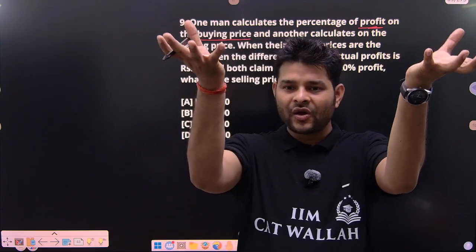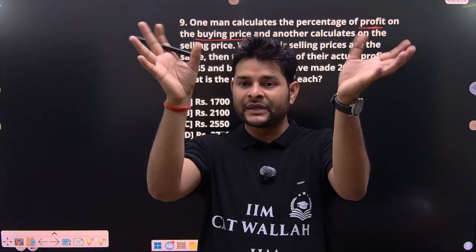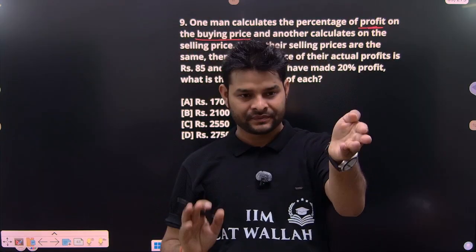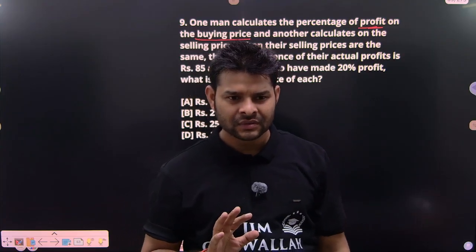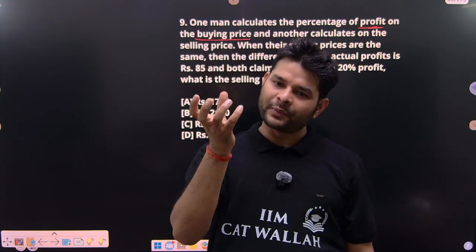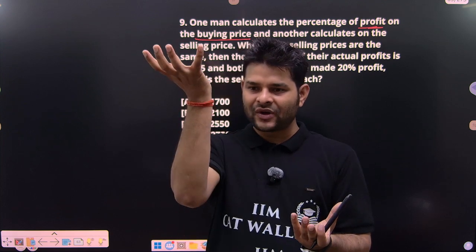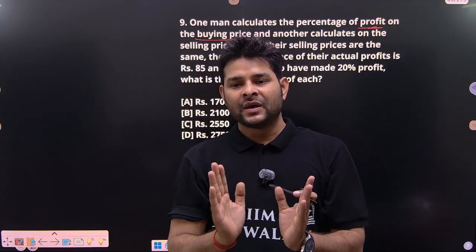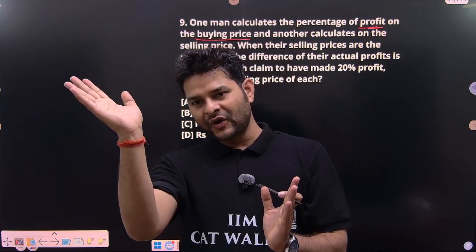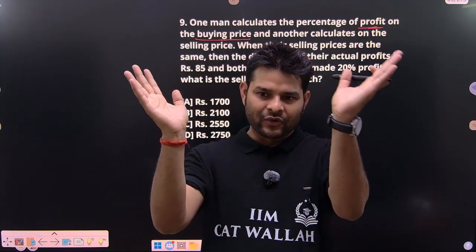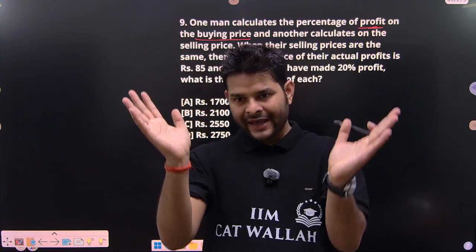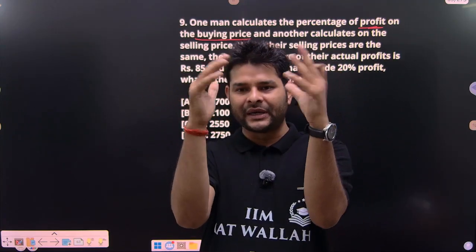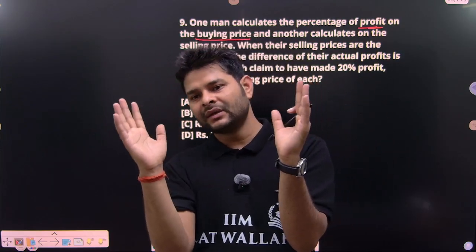The amount of profit would be the same, but the percentage of profit or loss would be different, because one is calculated on CP and one is calculated on SP. Have you got it or not?